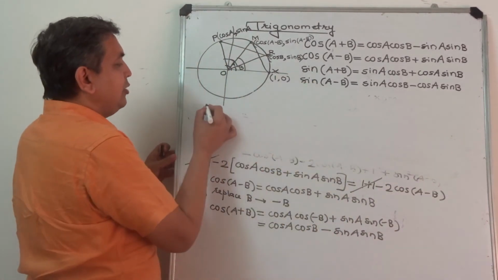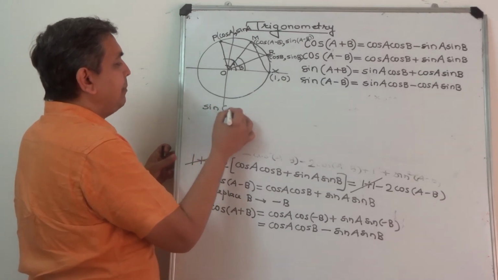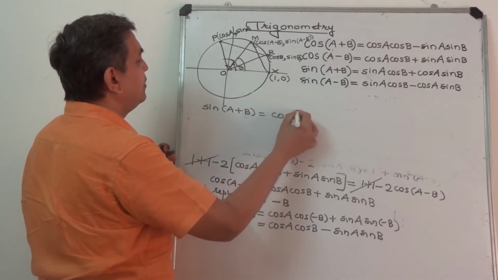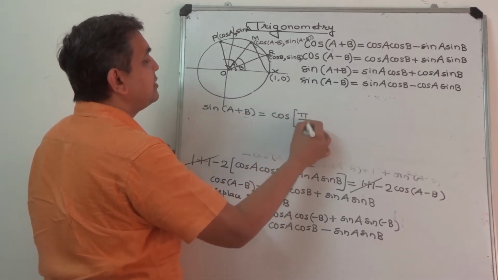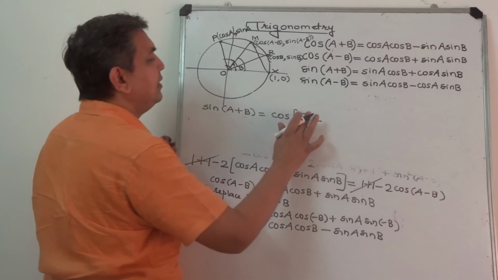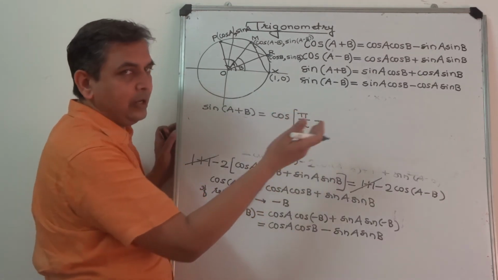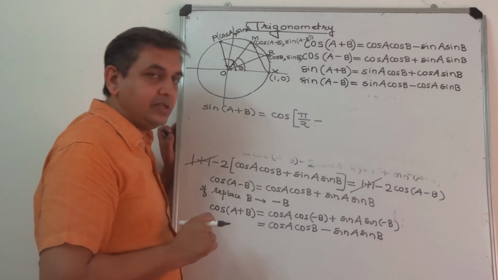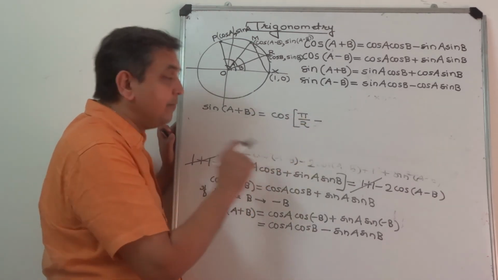We want sine of A plus B, and by complementary formula we know sin theta equal to cos of 90 minus theta, that is pi by 2 minus, let us write 90 or pi by 2, it is one and the same thing. In radian measure we have seen 90 degrees is written as pi by 2.